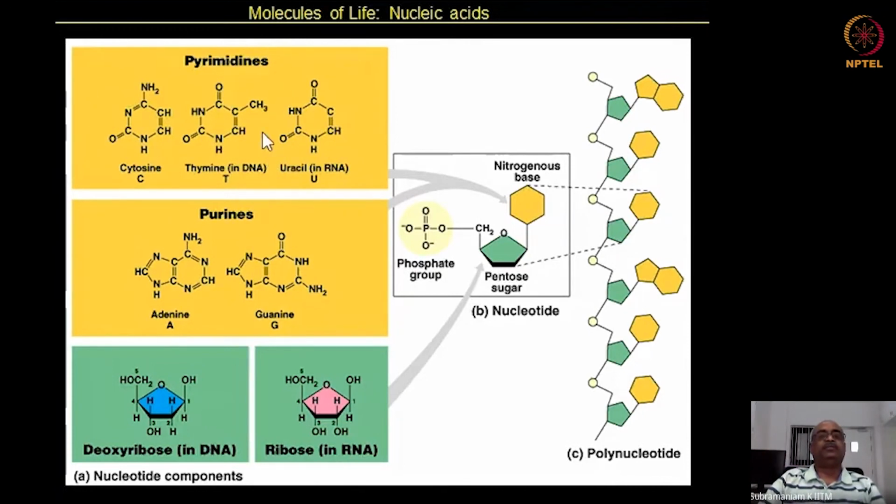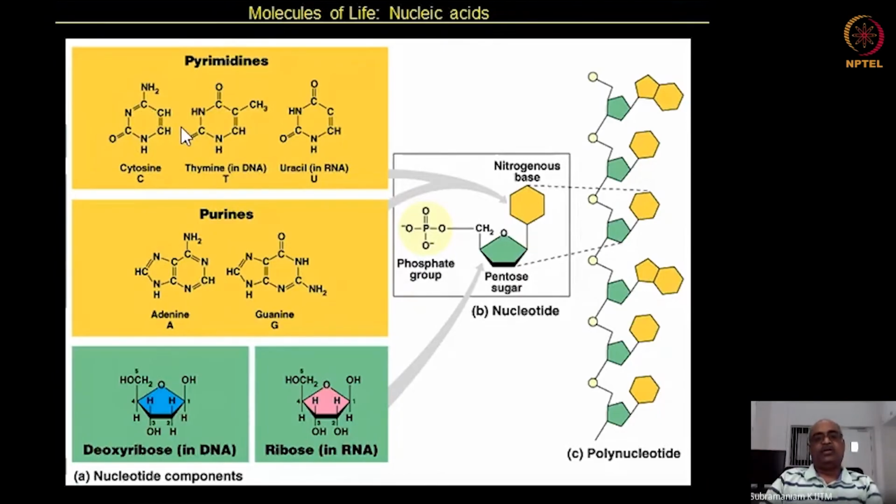Cytosine, thymine. These two are present in the nucleic acid where the information is stored and whose replication helps in transmitting to the next generation, and that is DNA. So in DNA you have cytosine, thymine. These are the two pyrimidines.